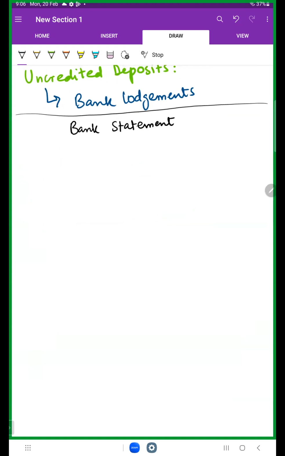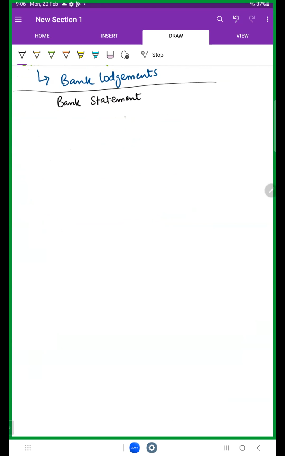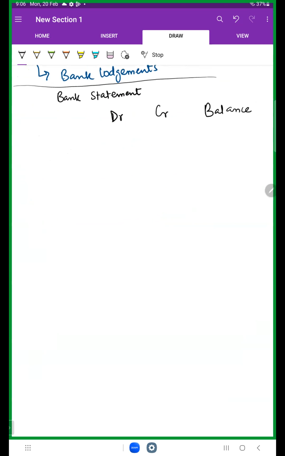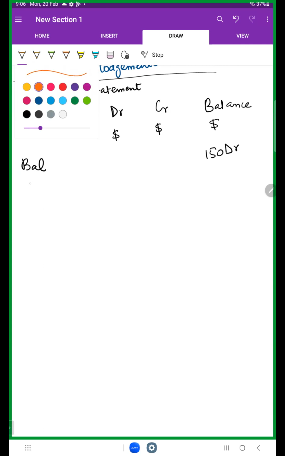It's better if you copy the question so that you can understand it later again if you want. I'm using different colors so that we can track which amount is labeled as what, okay?